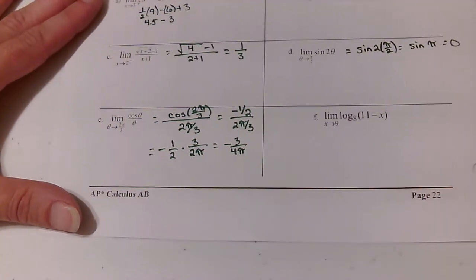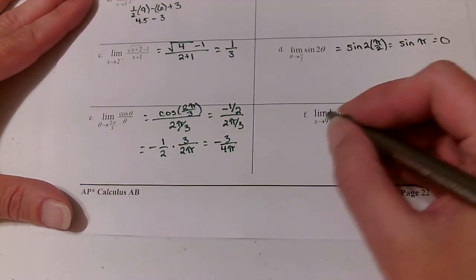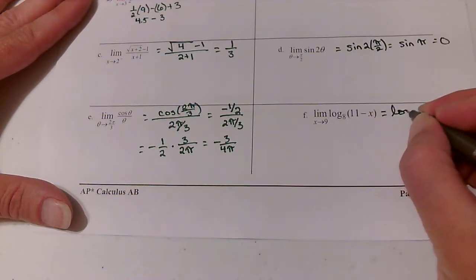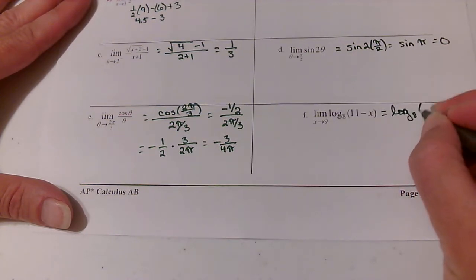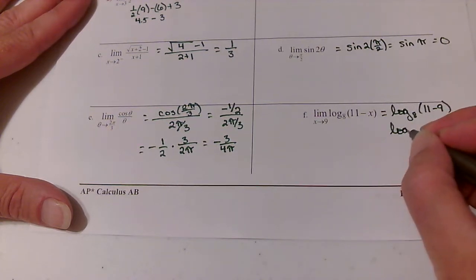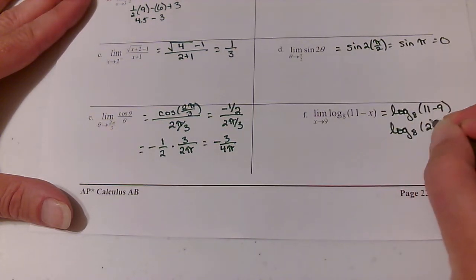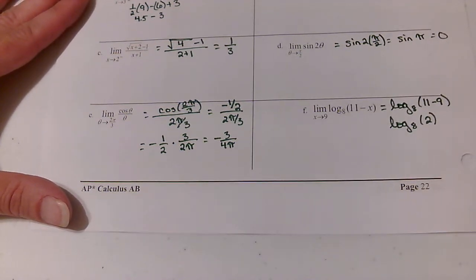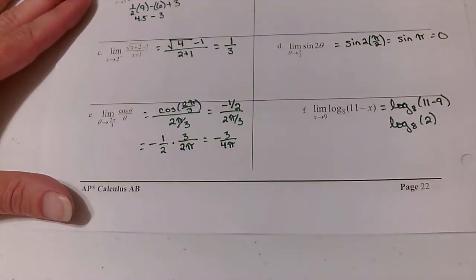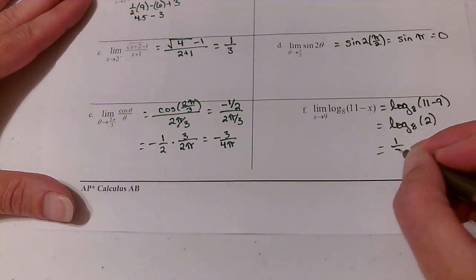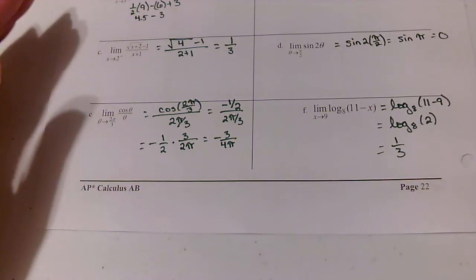Let's see, log base 8 of, I don't care. We're just going to plug in. Log base 8 of 11 minus 9. And 2 is the cube root of 8. So 8 to the 1/3 would give me 2.